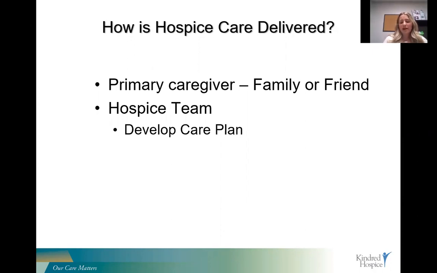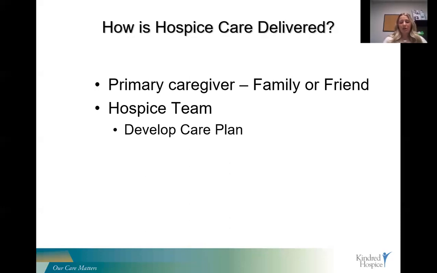And then members of our hospice team make those regular visits, as we were talking about, to assess the patient and provide additional care or other additional services. So the hospice team is developing a care plan that meets each patient's individual needs regarding pain management and symptom control, and meeting their psychosocial needs, and supporting that primary caregiver.